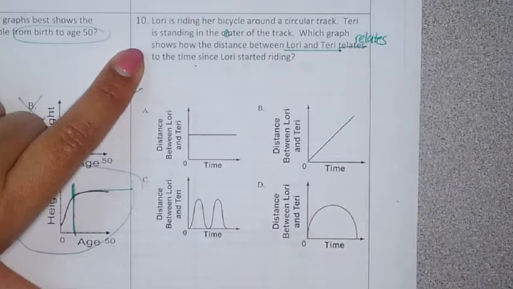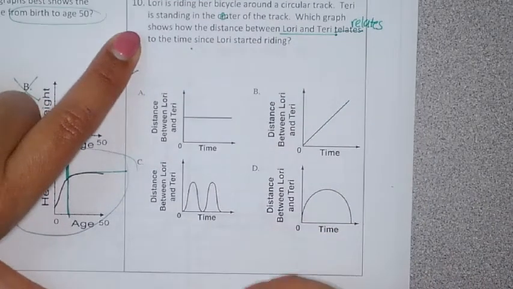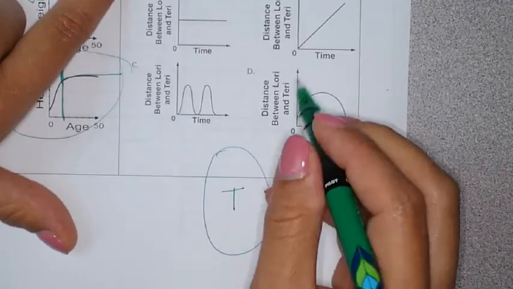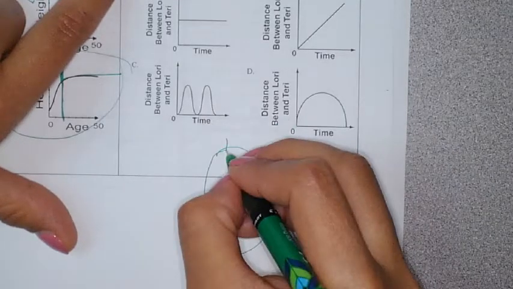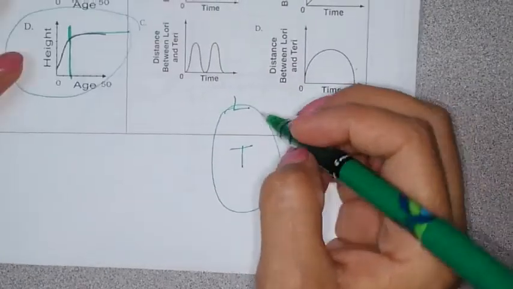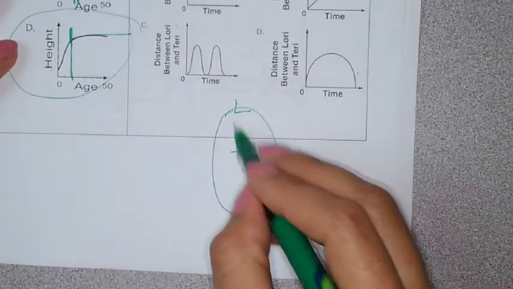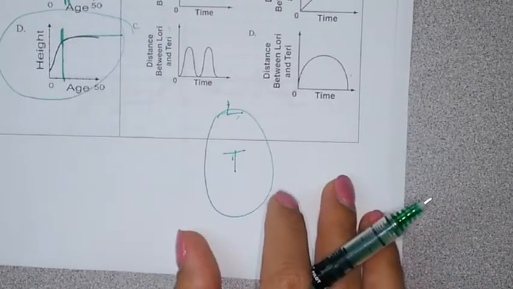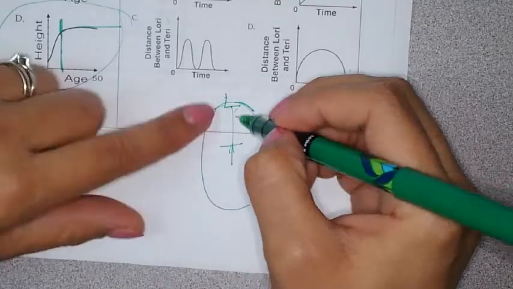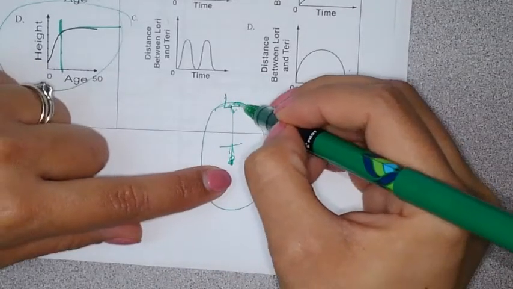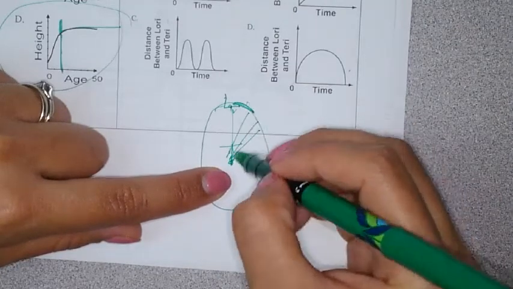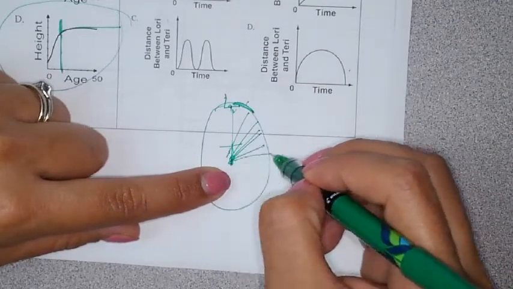So here's, Terry is at the center of the track, and the track is kind of over like this, and here is Lori. Okay? So here's distance between Lori and Terry and the time. So when she's moving around, like in the clock, the distance is going to be far away, and it's going to keep getting closer.